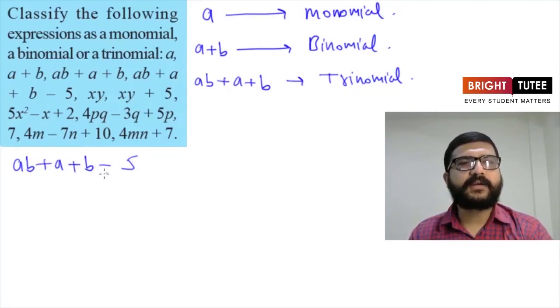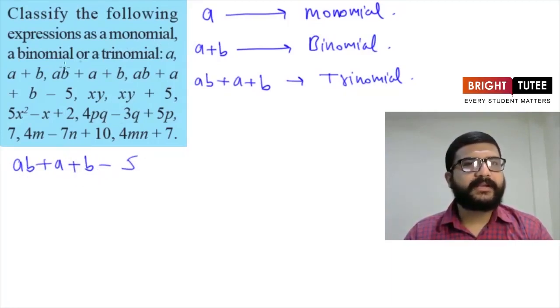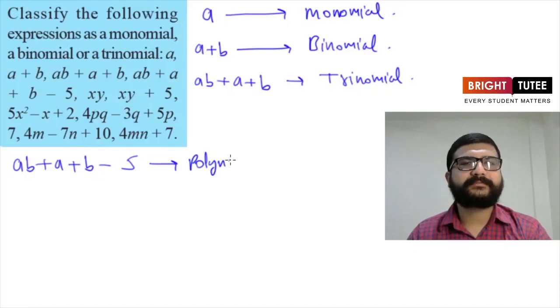There are four terms. So is it neither monomial nor binomial nor a trinomial? So what kind of algebraic expression is it? We are having four terms and all the terms are unlike terms here. So this is a polynomial. We can't say it is monomial, binomial or trinomial because the number of terms is 4 here.